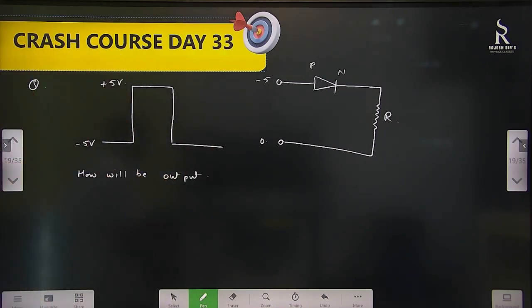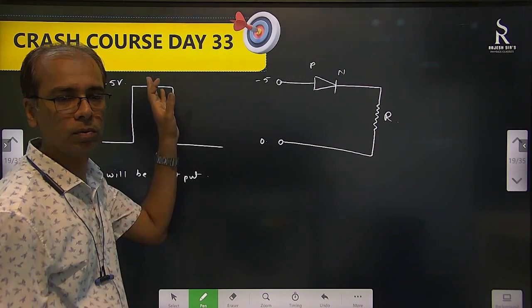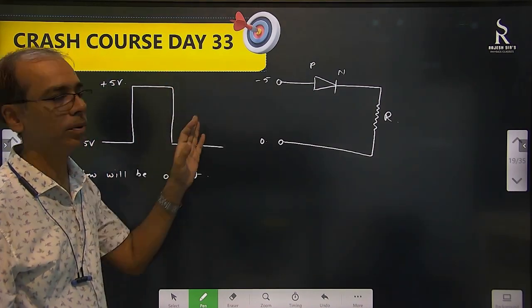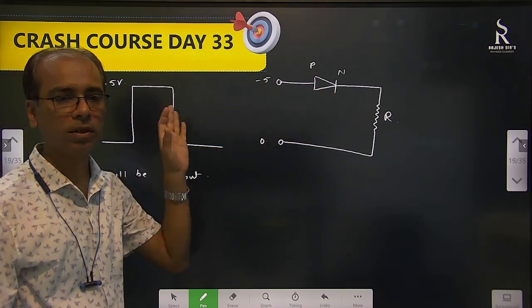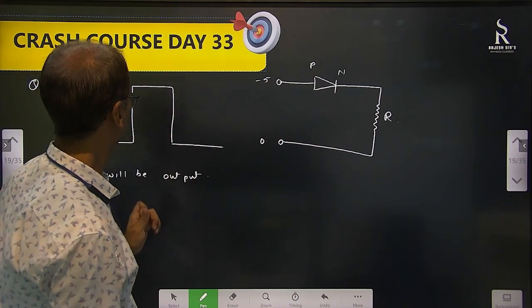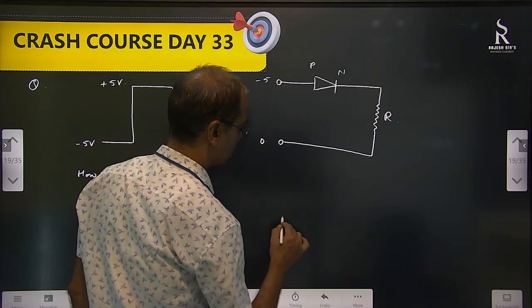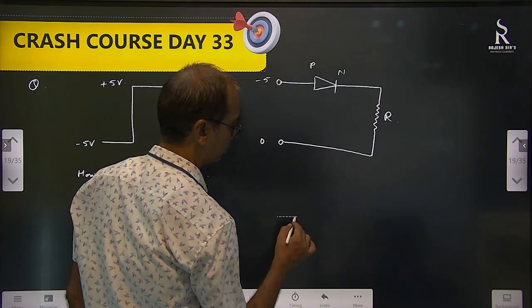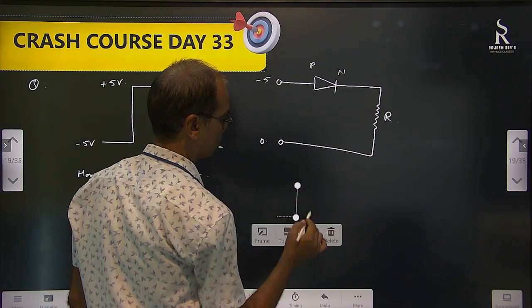Right. So how are we going to get the output for this one? 0, 5, 0. Minus 5 will not come. 0, because no current will be there. Then corresponding to 5. Then again 0. So how to make it? 0, right? Then 5. Okay, constant at 5.